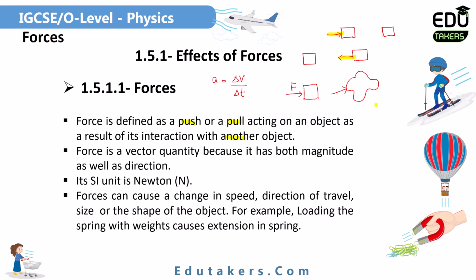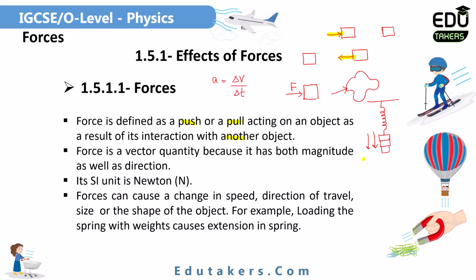And if I consider here there is a spring and you attach masses to this spring, then what will happen? The spring moves in the downward direction. You continue attaching masses to this spring, and the spring basically extends. So the size of the spring changes because its length changes. Initially it's small.